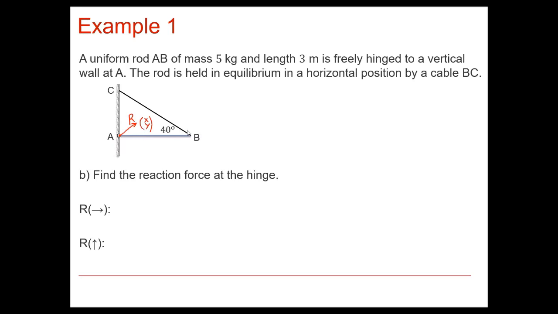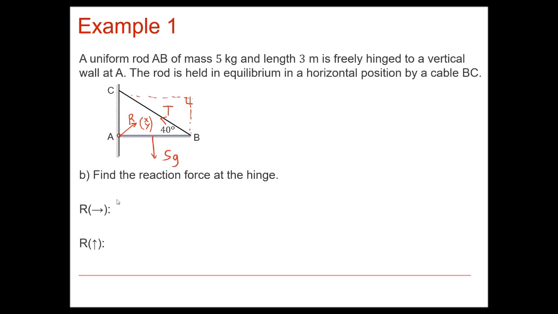Now remember what other forces are acting. We've still got this T acting that way, and that is split into a horizontal component and a vertical component, and obviously we still have the weight, 5G.